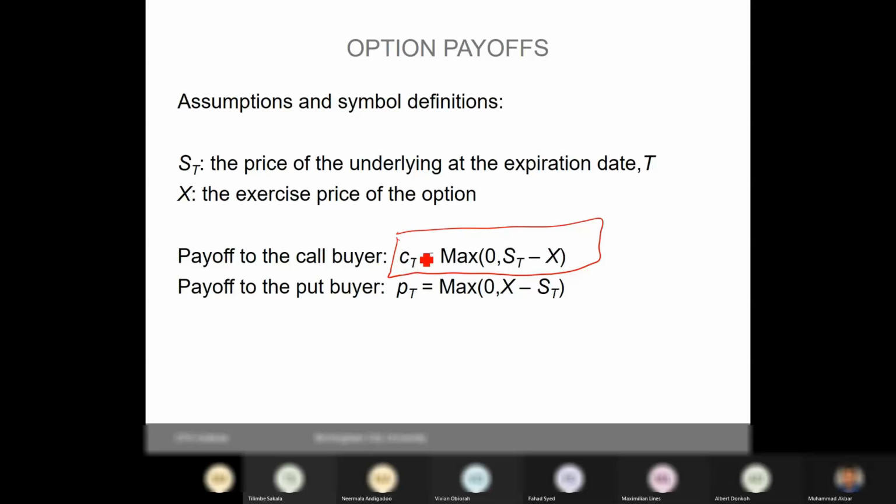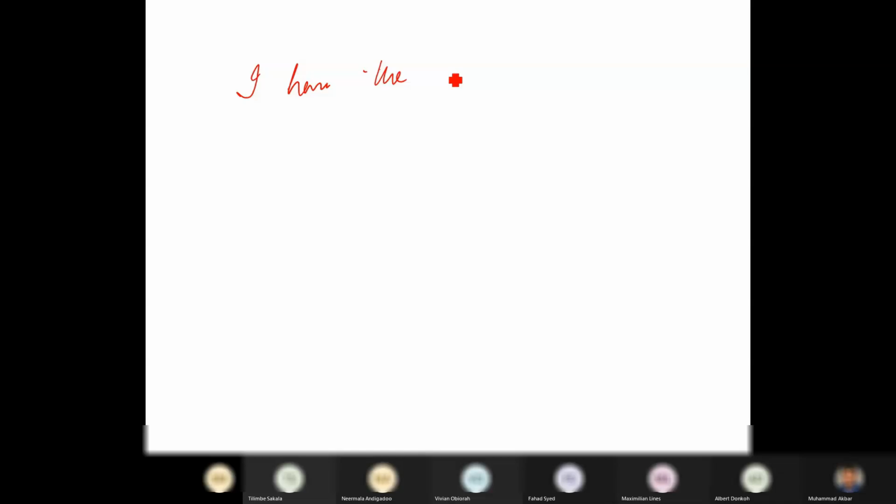The payoff from the call at expiration is equal to the maximum of 0 or the stock price at expiration minus the exercise price. Let me give you an example of this. Let's suppose I have the right to buy 100 shares.